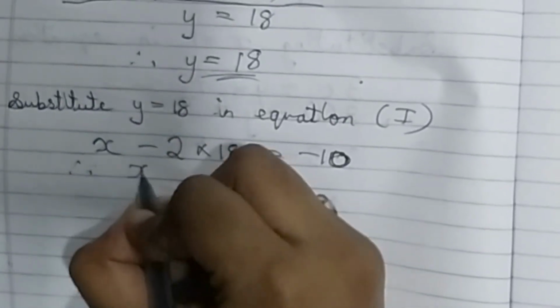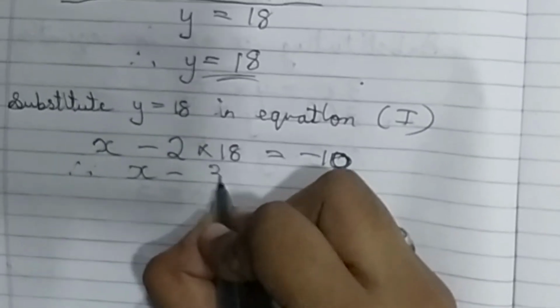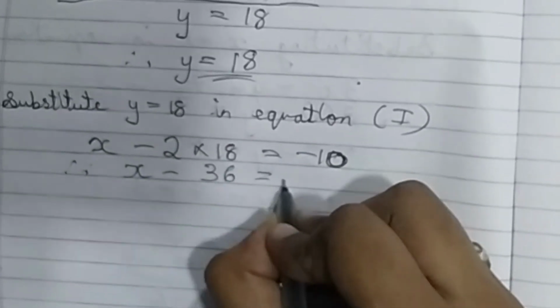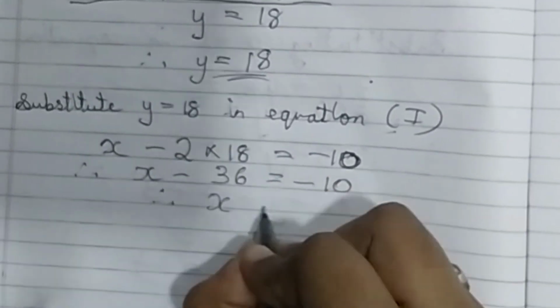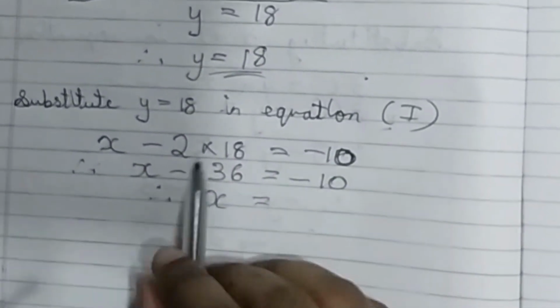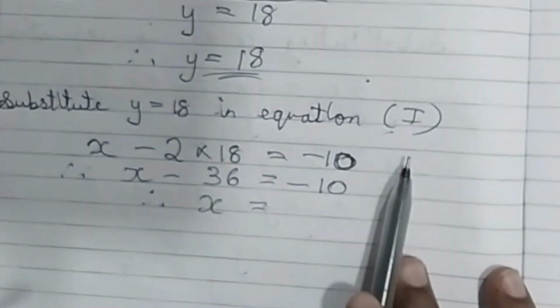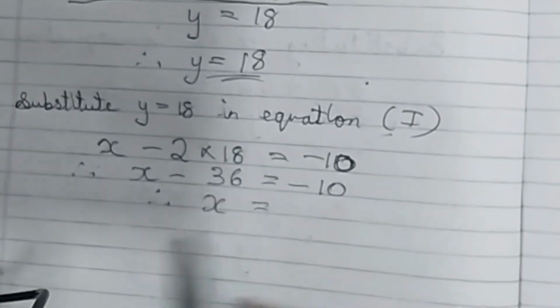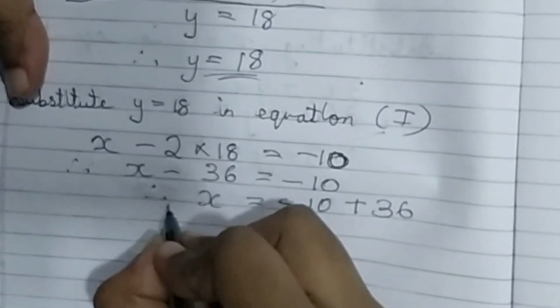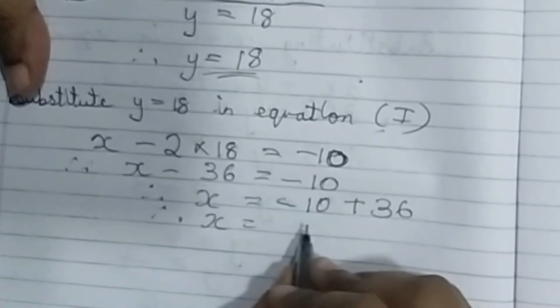Therefore x minus 36 equals minus 10. The 36 will come to this side, and the sign will change. If we take it to the other side of the equal sign, it will become plus 36. Therefore x equals 36 minus 10, which is 26.